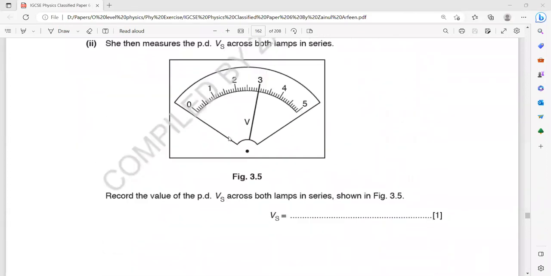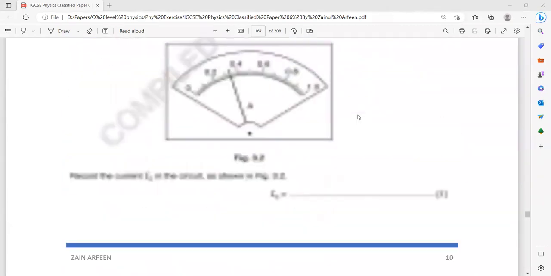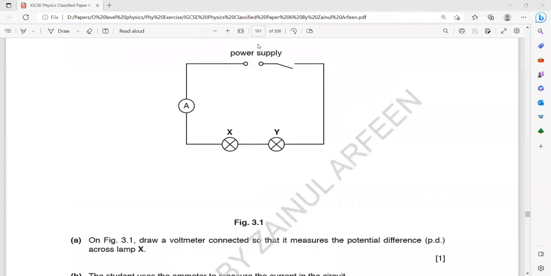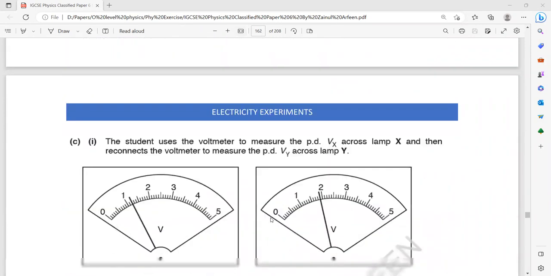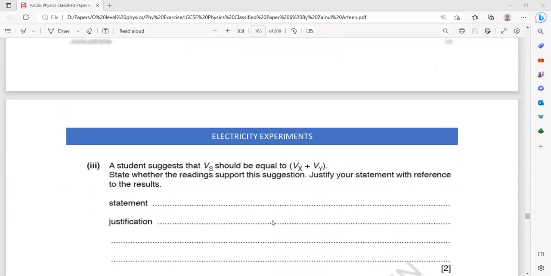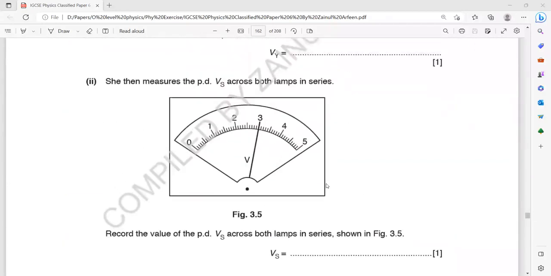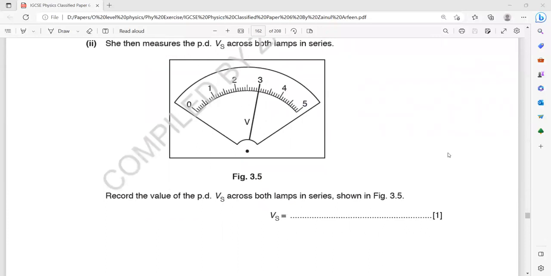Then she measures the potential across both of the lamps in series. To measure the voltage across both of them, she should connect a voltmeter in parallel to the series combination to get the total voltage from X to Y. So what is the voltmeter reading now? It is 3, but don't write only 3.